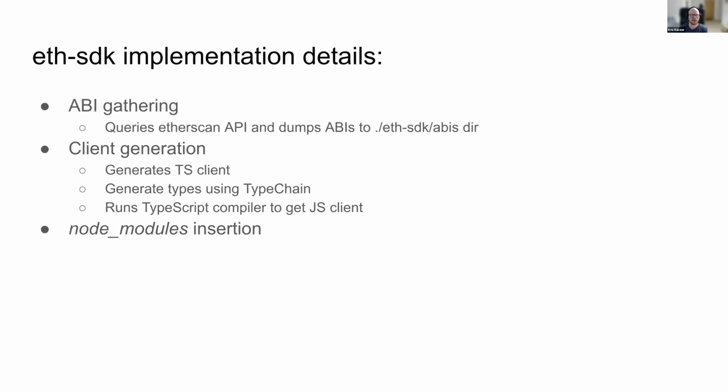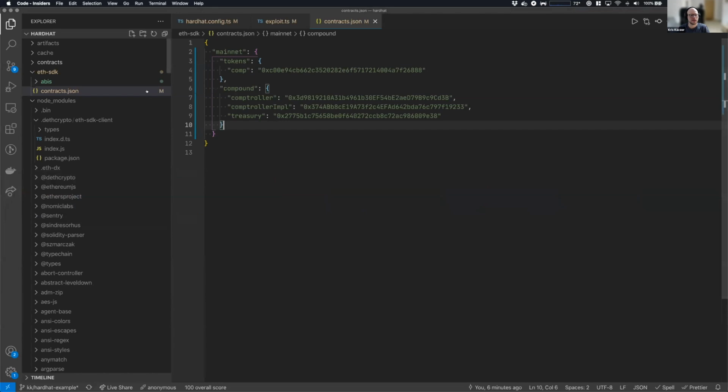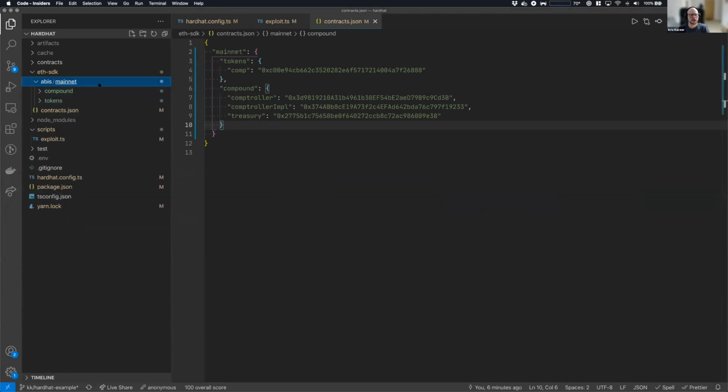Diving a little bit more into details, APIs that we gathered are stored in the if-sdk APIs directory. And this directory should be actually committed to the Git repository to avoid querying contracts again when you execute if-sdk again.